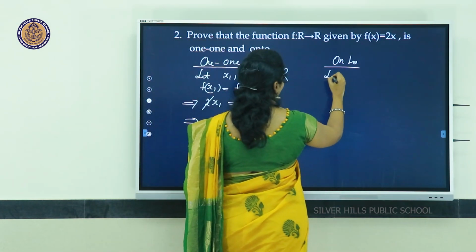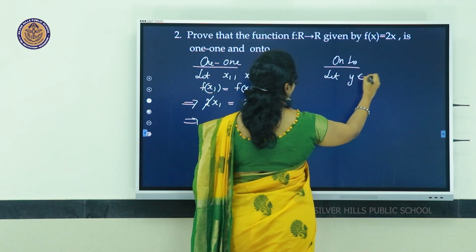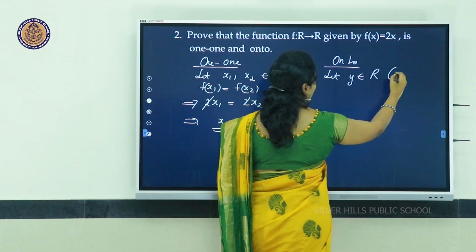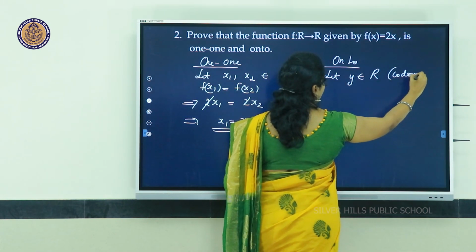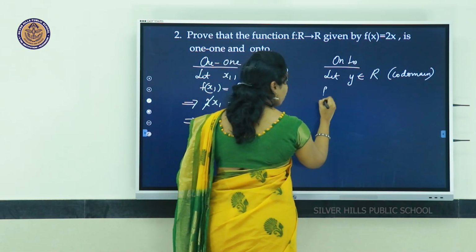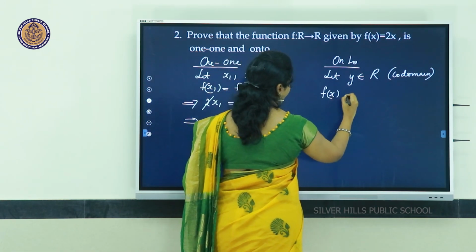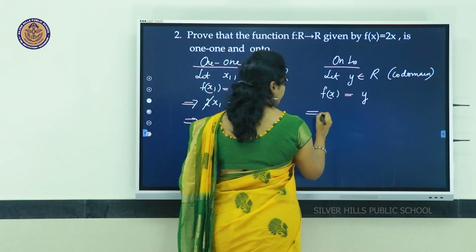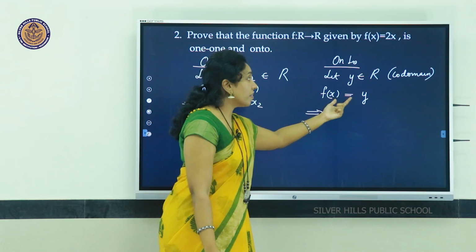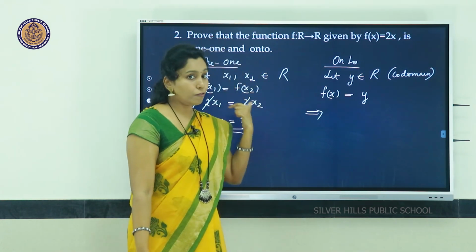So, let y belong to R. Which R is this? It is a codomain. Okay, let y belong to R, codomain. Then f of x is equal to y implies, now we are going to check whether there exists an image x in the first set.